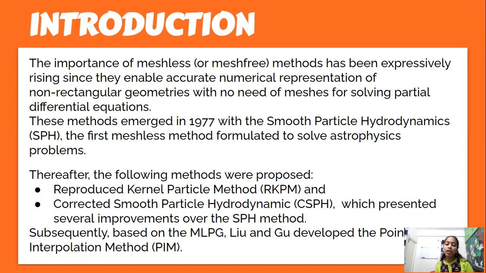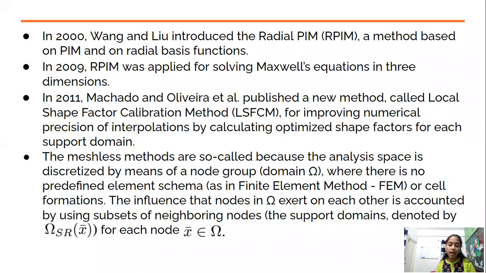Subsequently, based on the MLPG, Liu and Yu developed the point interpolation method PIM. In 2000, Wang and Liu introduced the radial PIM, RPIM, a method based on the PIM and on radial basis functions.